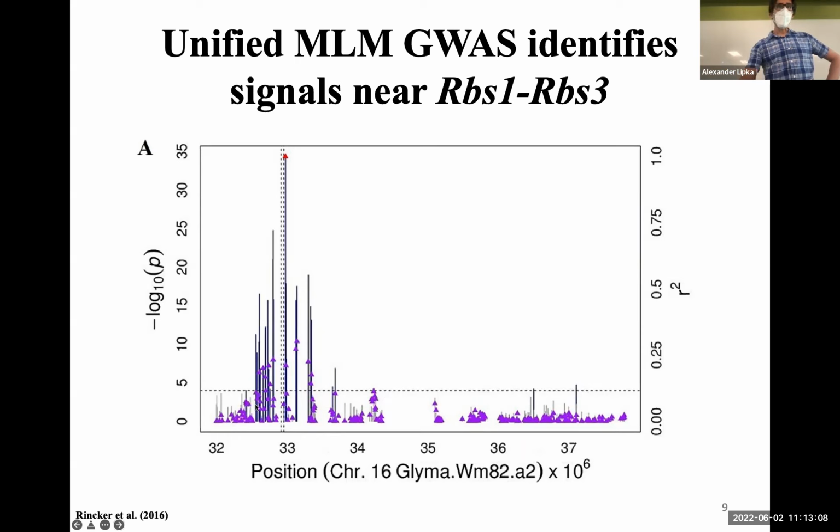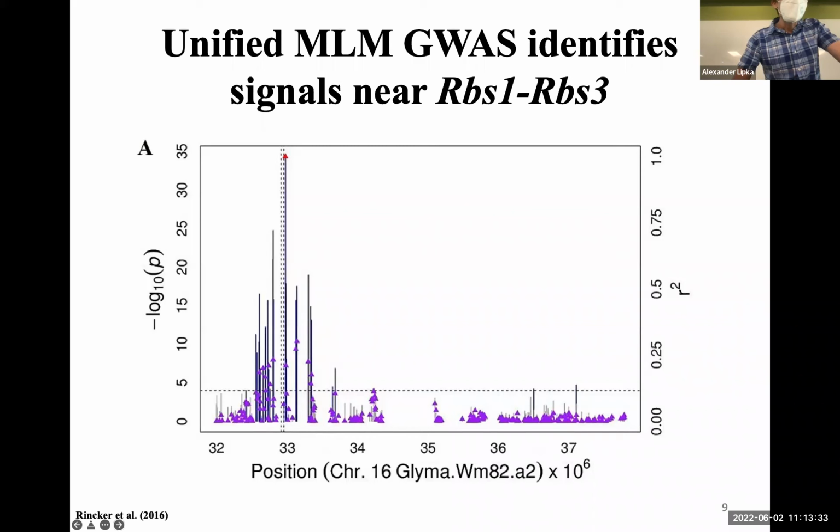So all of the lines that are blue are statistically significant. All the ones that are gray are not statistically significant, okay? These 2 vertical dotted lines are the approximate region of the RBS1 through RBS gene from prior research.